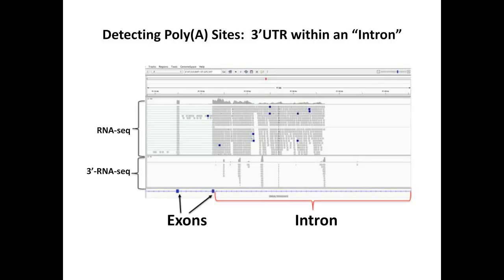This looks like a 3' UTR that just started after this exon, right here. So all the transcript after this exon should be like an extension of the 3' UTR region of this exon. So this is another case that we fixed with parameters used for data analysis.